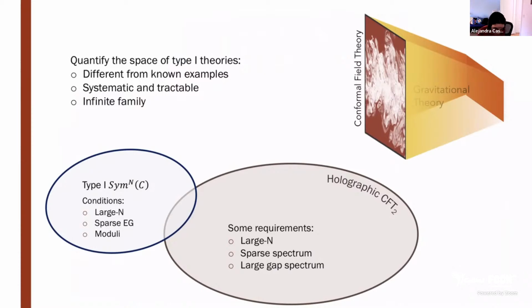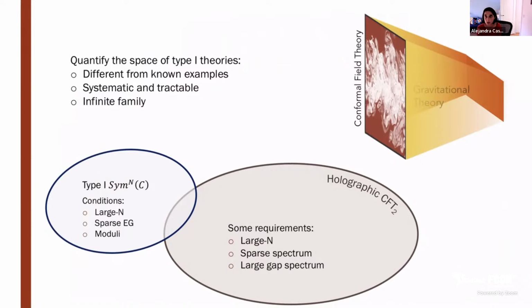The examples that might be useful for a holographic context are these type 1 symmetries, where we have a sparseness condition in the elliptic genera, and we have moduli. The question is, do they really lead to something holographic or not? Are these conditions sufficient to claim that you have a holographic CFT?